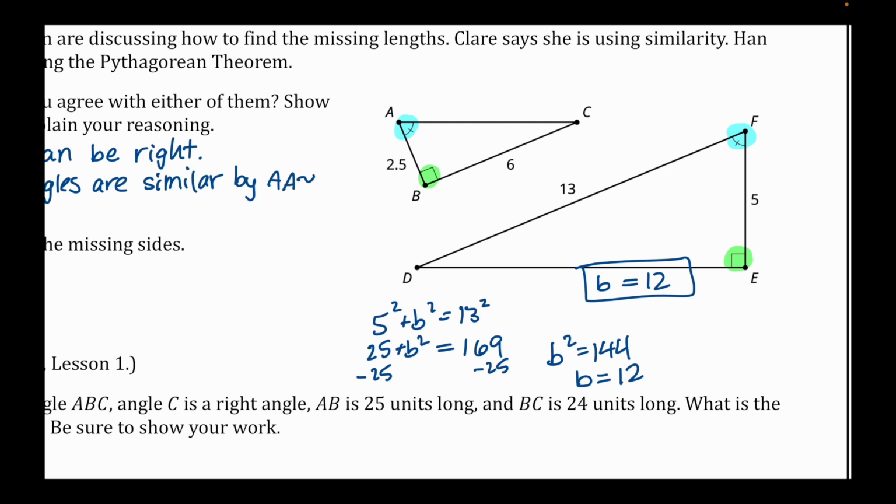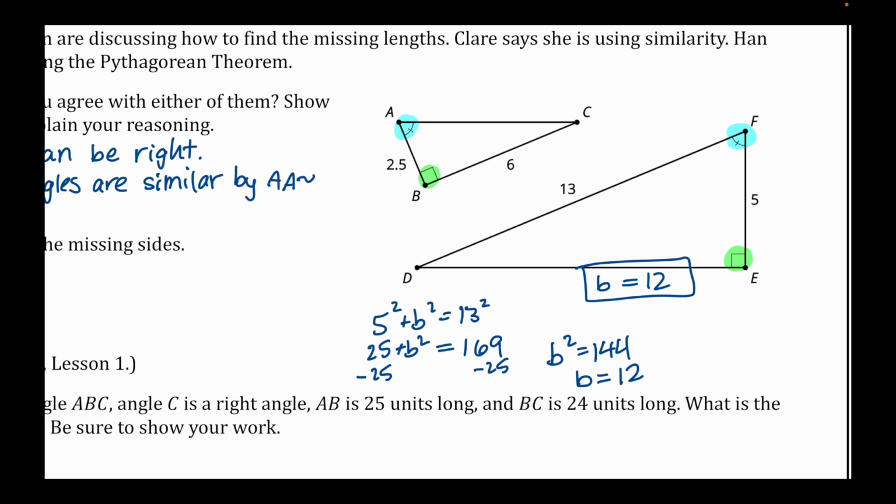If you wanted to use similarity, we could use the scale factor of 1/2. 5, and in this case now 2.5, are in the same corresponding position on this triangle, so those leg lengths correspond. From our larger triangle, or from the 5, our pattern or our scale factor is 1/2 because we are dividing by 2. We can use that same pattern here to help us find the hypotenuse, which we're given on the larger triangle is 13.